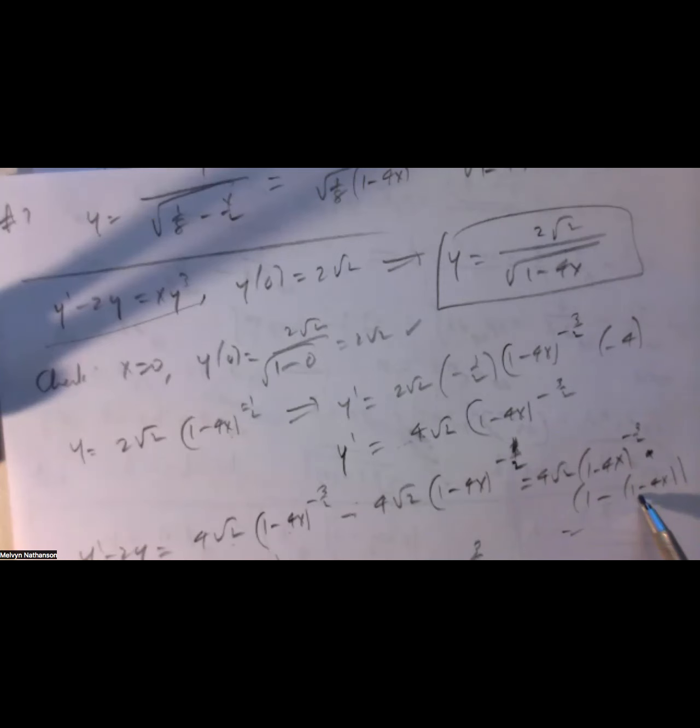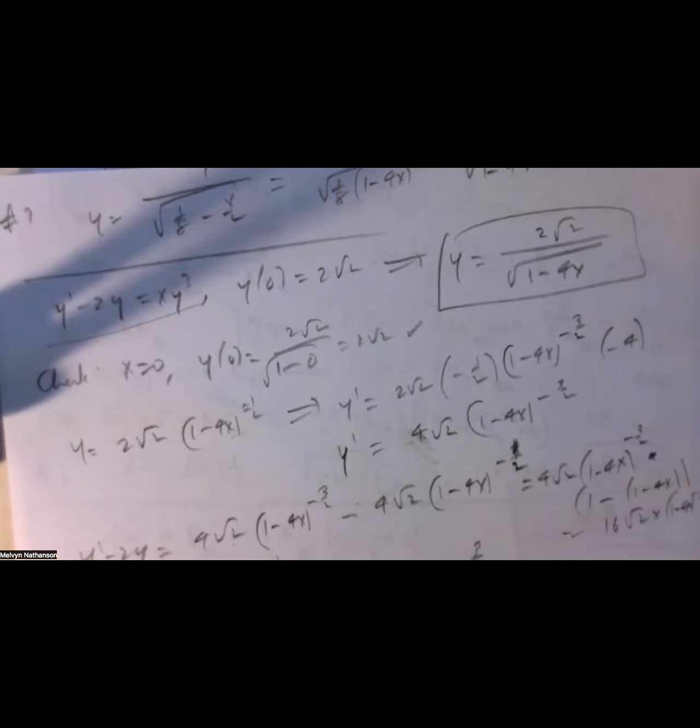So the ones cancel, I get 16 root 2 x times 1 minus 4x to the minus 3 halves. 2 root 2 cubed is 16 root 2, so 16 root 2 x, 1 minus 4x to the minus 3 halves. It is a miracle, but this does check.